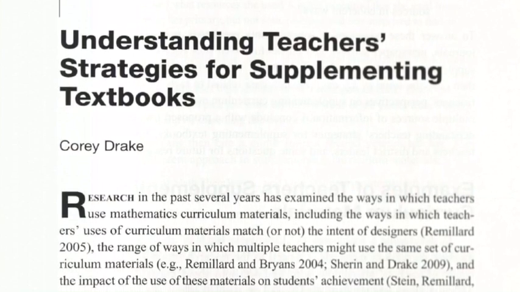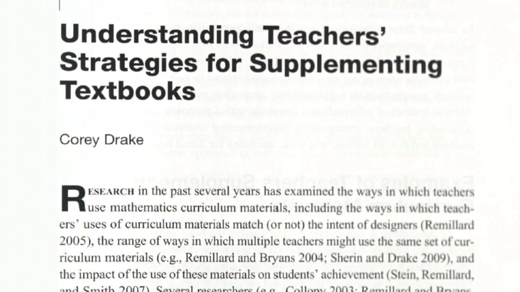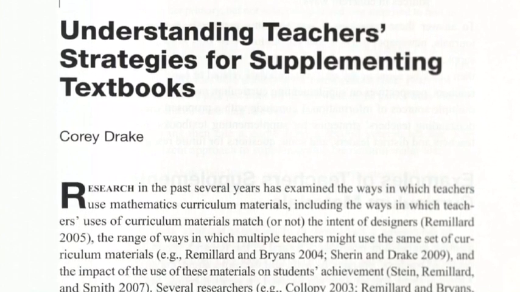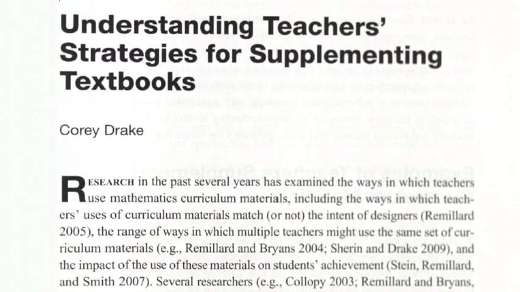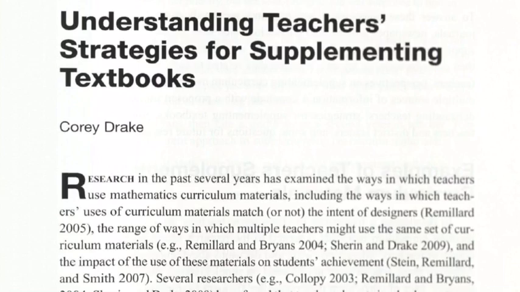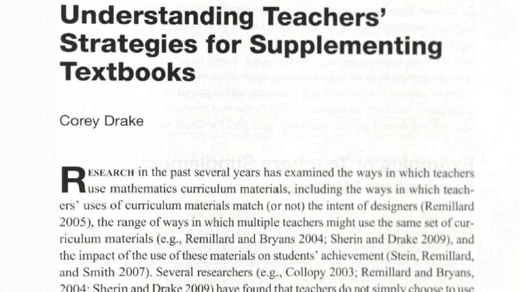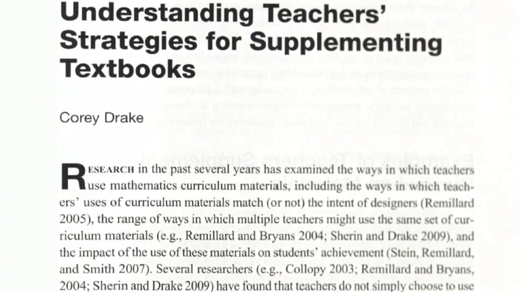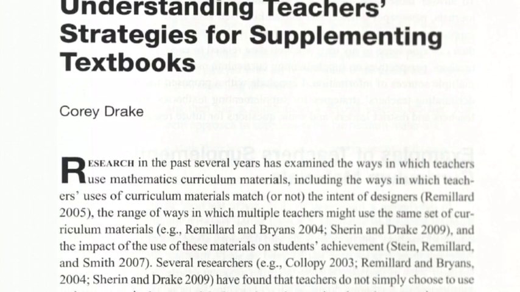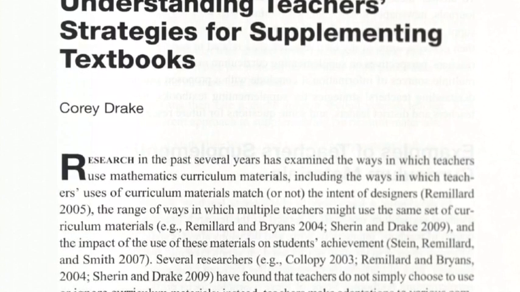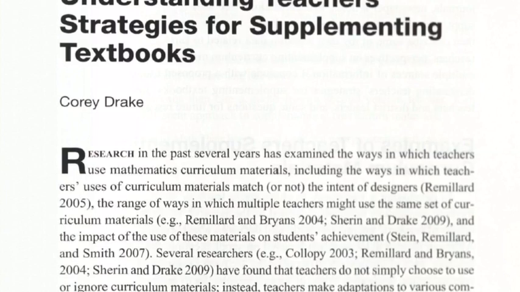So you noted things like the textbook or the curriculum materials were boring or dry, and so you wanted to supplement things to increase student engagement. You tried to find things that asked more from your students because the textbook itself was not asking enough. You tried to find things that fit the students' needs or that differentiated to the particular students' needs that you had. And maybe the textbook you were using, some of you said, lacked real-world connections, and so you supplemented with things that maybe brought in more real-world connections or applications.